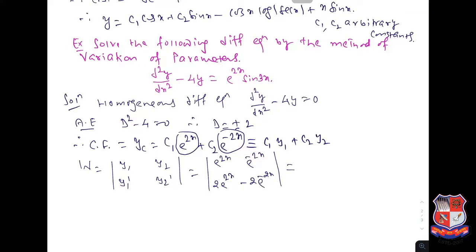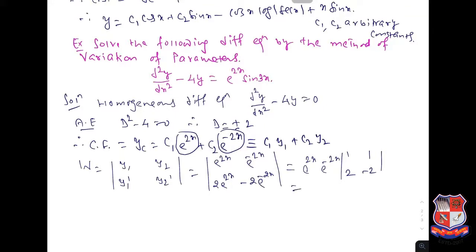From the first column you can take e power 2x outside, then from the second column you can take e power minus 2x outside. What remains is 1, 2, 1, minus 2.